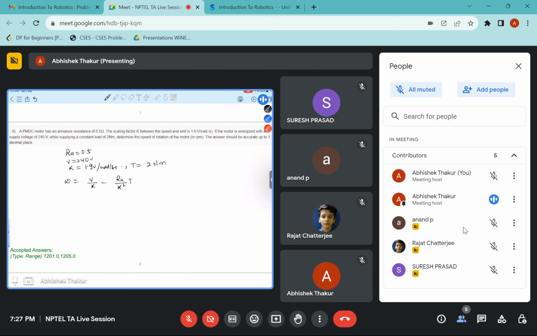So when you substitute all these values, this will be 240 by 1.9 minus 0.5 ohm divided by 1.9 square into 2.